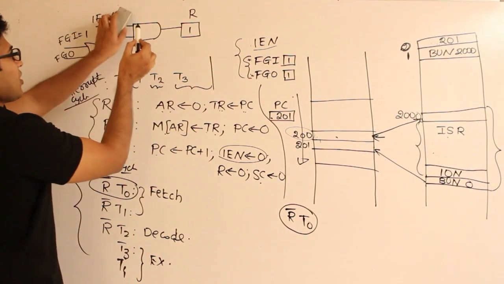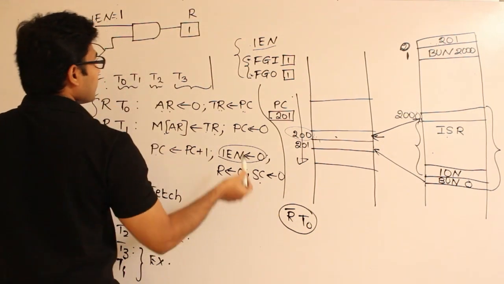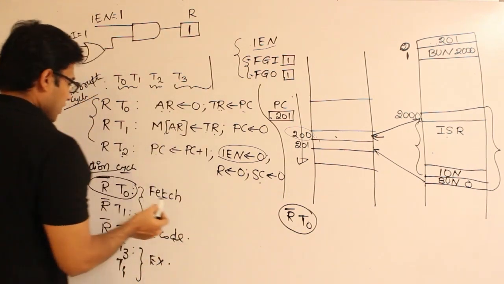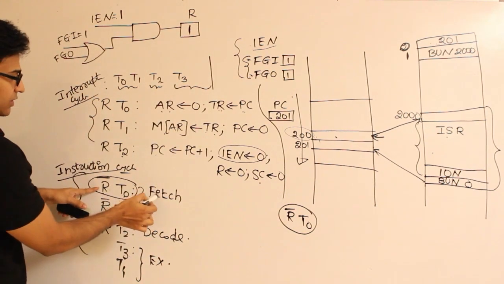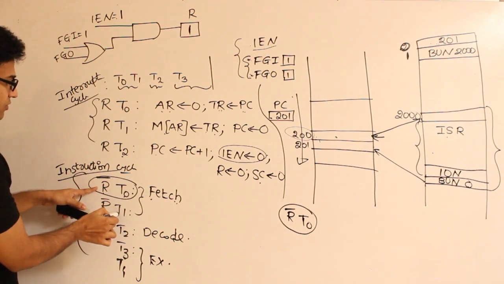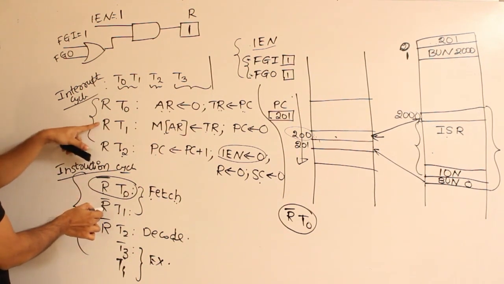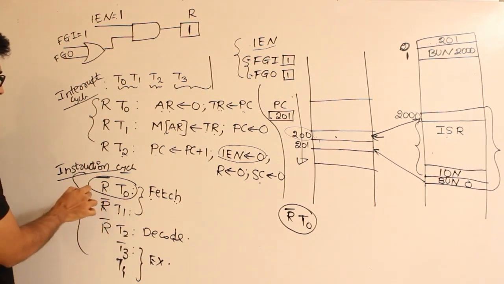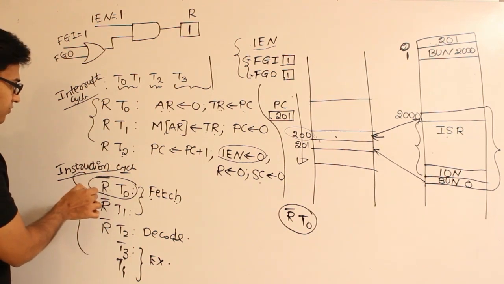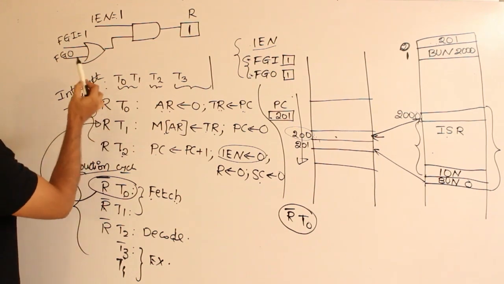Then what happens? Even though earlier it was not 1, now it will suddenly become 1, which means when you are executing the fetch phase of the instruction cycle and you go to T1, it will be R T1, and this will trigger. So there is a chance that during the execution of an instruction, you might jump from one phase of the instruction, without completing the instruction, into the interrupt cycle.